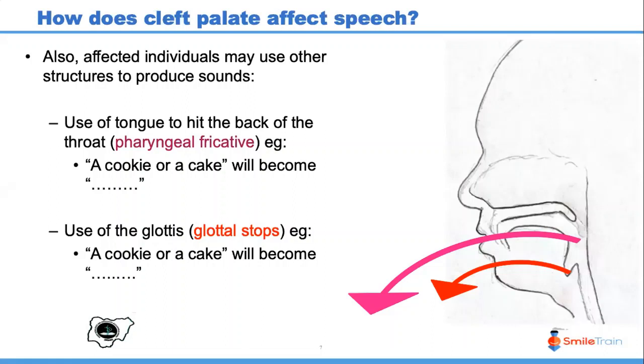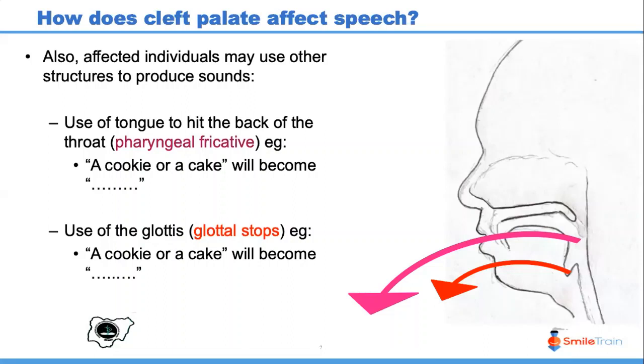And some individuals would use their glottis, we call them glottal stops. They'll use their glottis to make the sounds. So a statement like "a cookie or a cake" would become "a ooey or a ae."